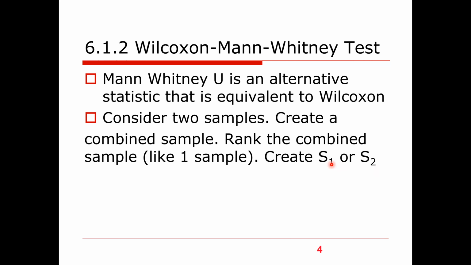Sometimes we write it as S_M and S_N, where M and N are the sample sizes for sample 1 and sample 2. By comparing these two values, we make a conclusion whether the two processes or two populations have the same or similar center. We use the median to assess this center. Let's look at examples.